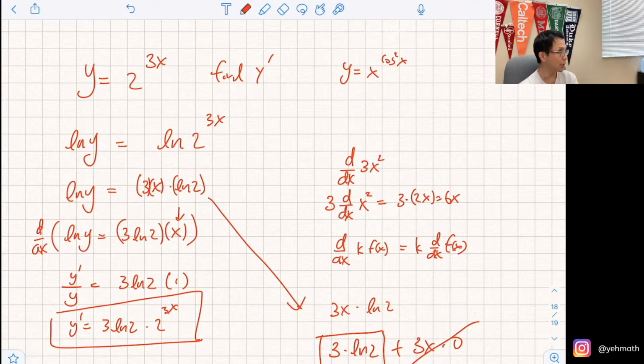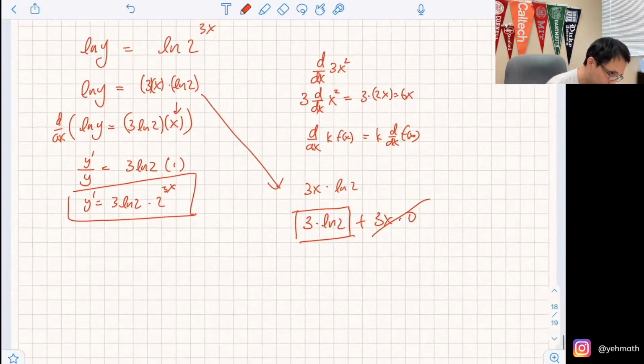Okay, so questions? No, it's not that bad. You already learned this already. You just have to recognize what's constant. Oh, the y is. I moved the y to the other side. y is equal to 2 to the 3x.